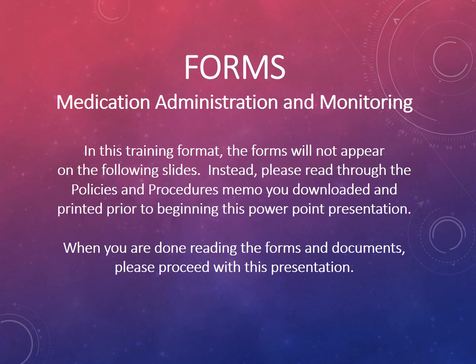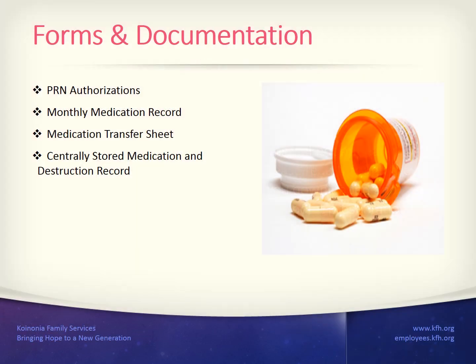The maintenance of clear and concise records is always important, but more so when dealing with medication administration and monitoring. Over the next slides, we will review the various forms that both resource families and Quantity staff will be utilizing. Quantity Family Services utilizes a number of forms that are used to track and monitor all medications provided to the child or the youth that's in placement.